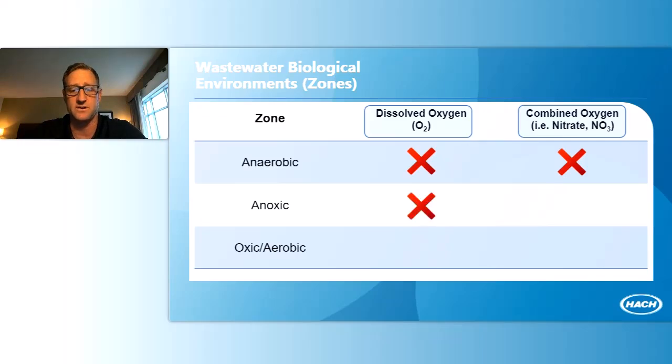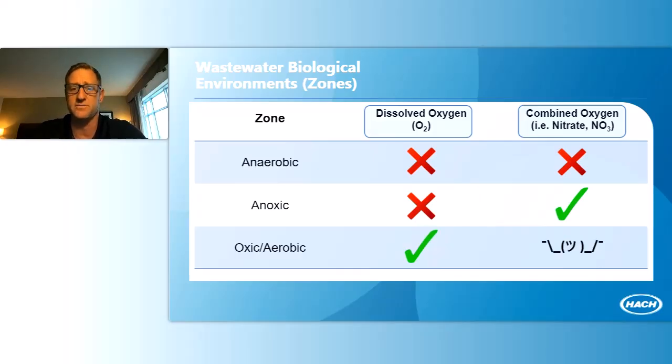And then you have anoxic zones, which will also not have dissolved oxygen, but you will have nitrite and nitrate by practical definition. So these combined forms of nitrogen are present. And then oxic or aerobic zones, you have dissolved oxygen, of course, present. And is there nitrate or nitrite?